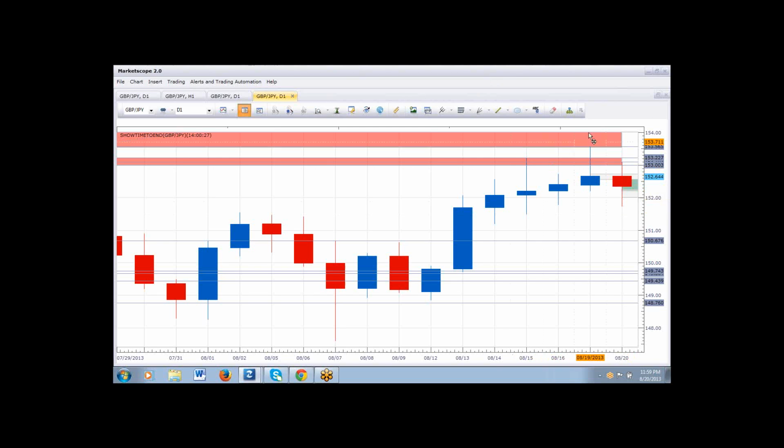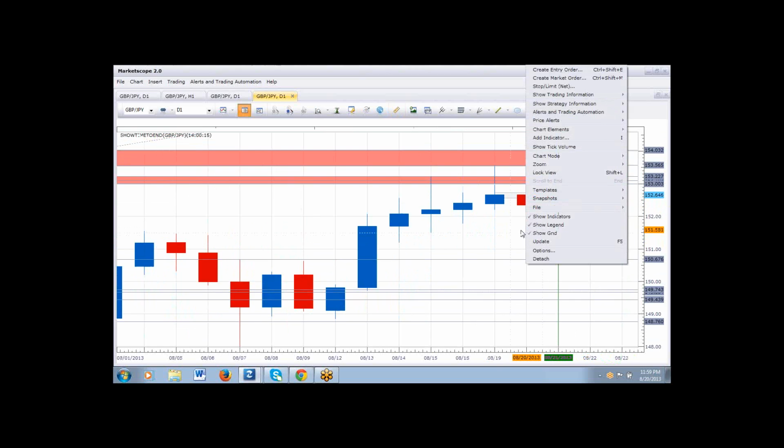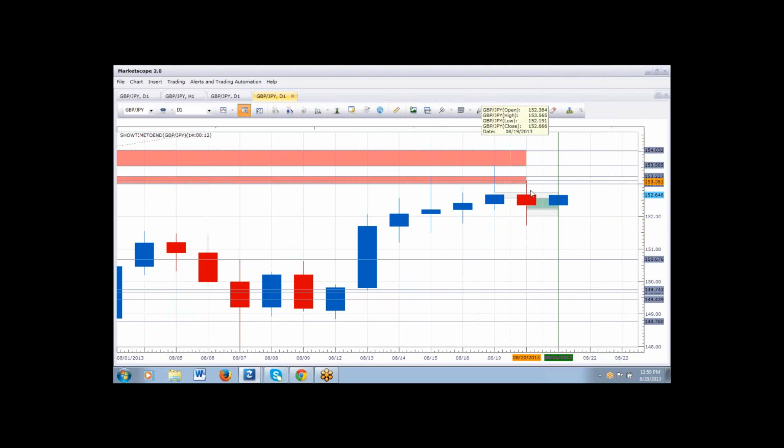Is that correct? Yeah, 94 pips. So if we take that, oh, no, I'm wrong. Oh no, okay, just one tick. 153.10, sorry, 153.10, 151.72.